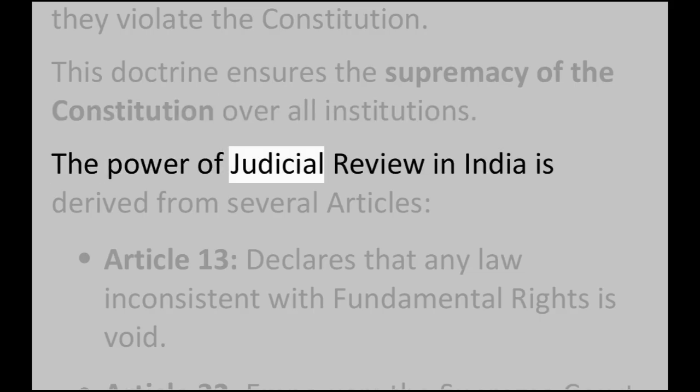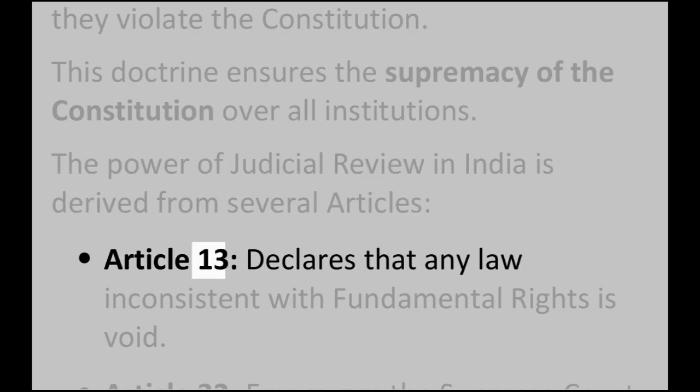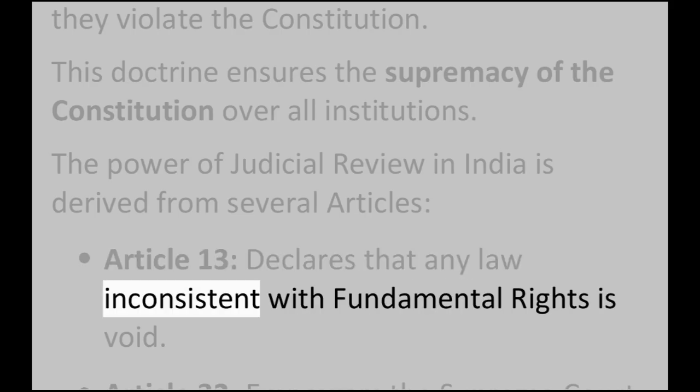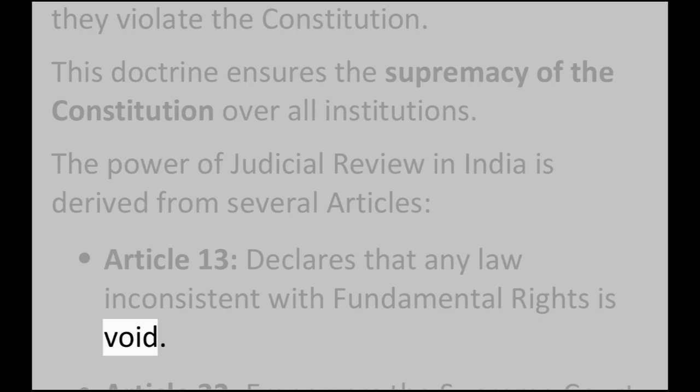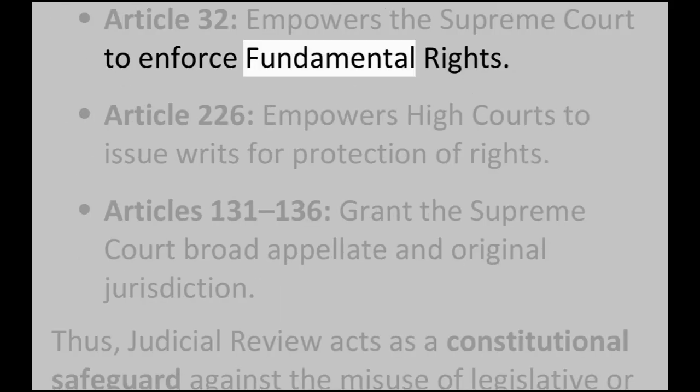The power of judicial review in India is derived from several articles. Article 13 declares that any law inconsistent with fundamental rights is void. Article 32 empowers the Supreme Court to enforce fundamental rights.